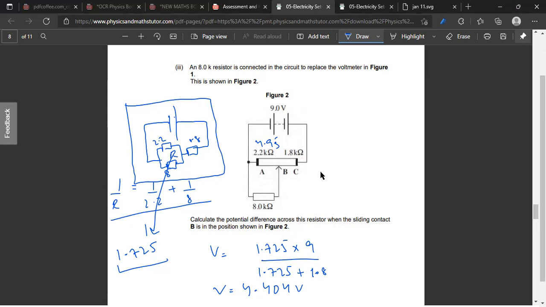Wait, I want to copy this question down. Sure. You've actually dumbed it down a lot more. Thank you very much, sir. Okay, all right, so it's like this.